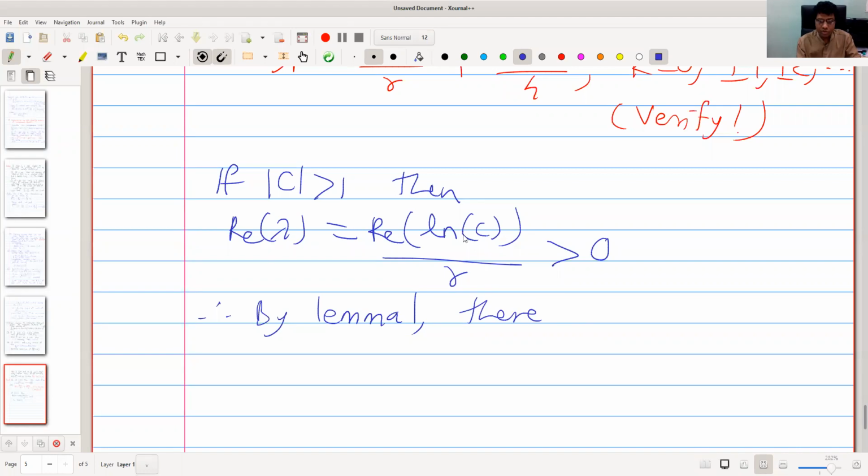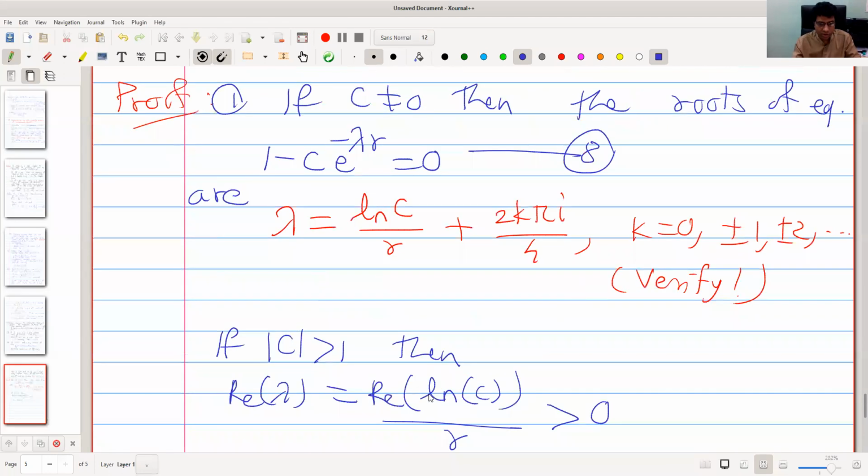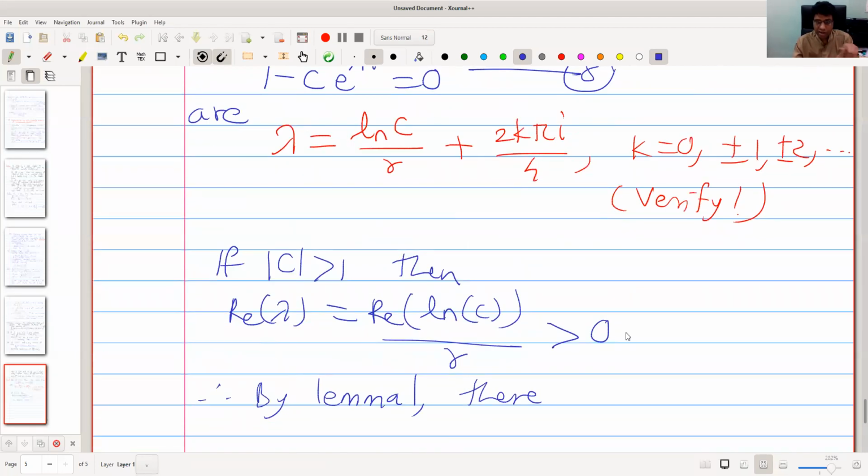Okay, so this is one root lambda. Corresponding to this, we will have a characteristic root, and here k is 0, plus minus 1, plus minus 2 and so on. So these are infinitely many complex numbers with real part positive.